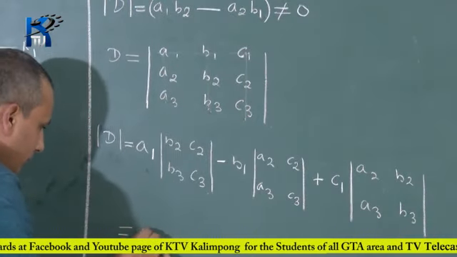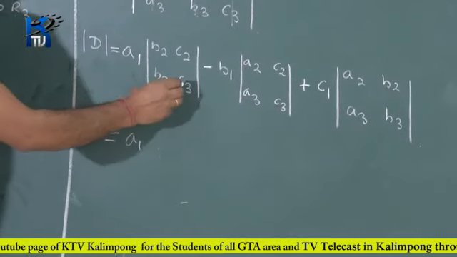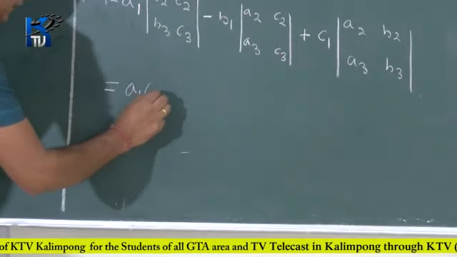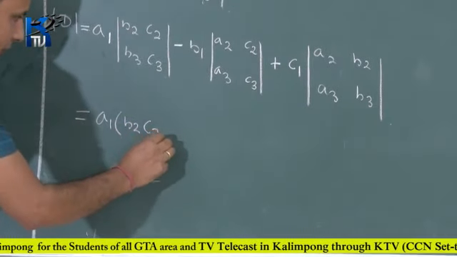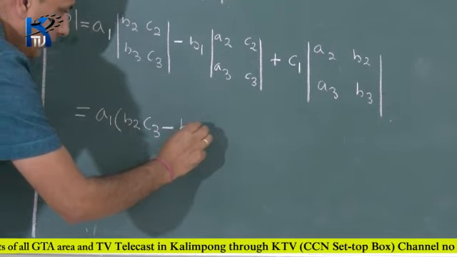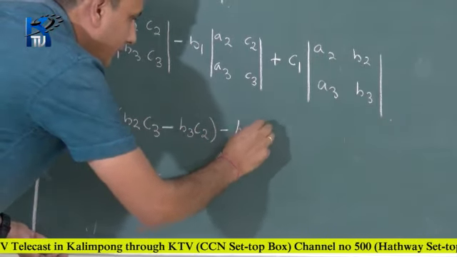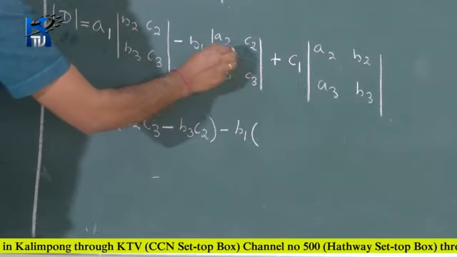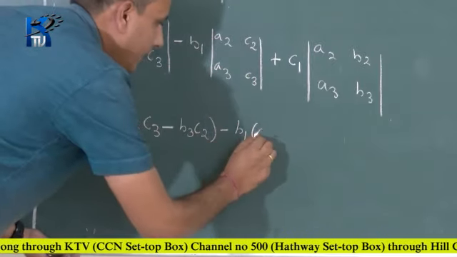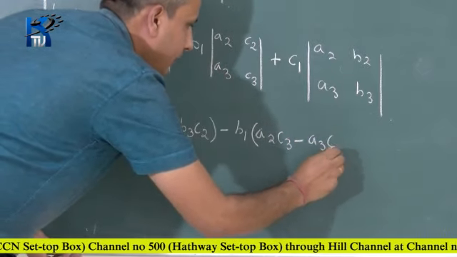Now next we'll do the multiplication method over here, what I did over here. You have to multiply the diagonal elements B2, C3 minus the diagonal B3, C2. Next minus B1, then in the same way multiply A2, C3 minus A3, C2.